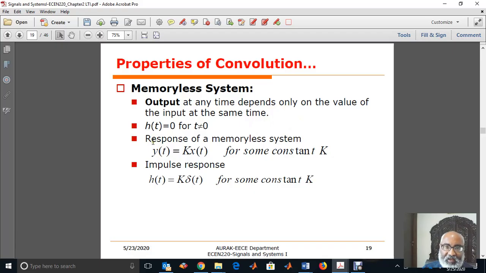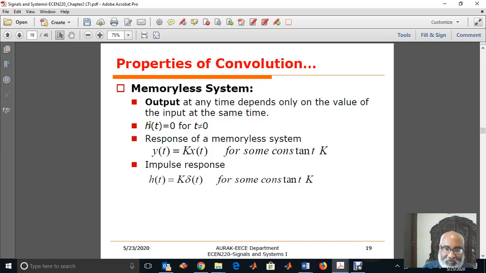In the second chapter, we have a different definition: h of t is equal to 0 for t different from 0. If h of t is equal to 0 for t different from 0, we say the system is memoryless.